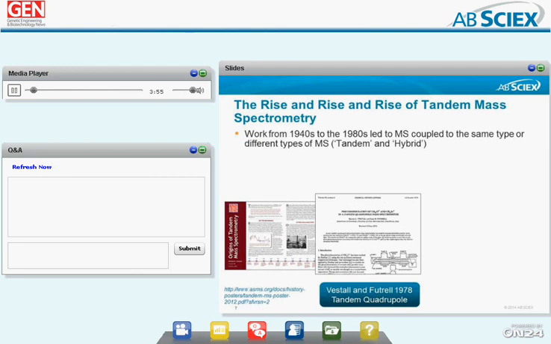And in the case of one of the people who used to work in the organization that I work in, tandem quadrupoles have become the bread and butter of many a clinical trial and are extremely well deployed worldwide for quantitative analyses. Now, at the time, it was a much more revolutionary thing than it appears to be today, but essentially, it's still one of the best ways of looking at a targeted transition between MS and MS-MS, in other words, between precursors and fragments in a very specific manner. So it's a very targeted type of tool nowadays.